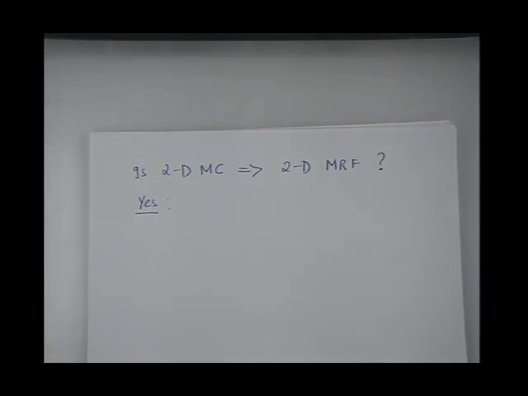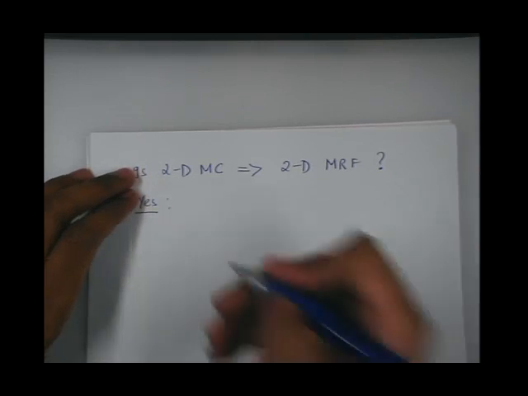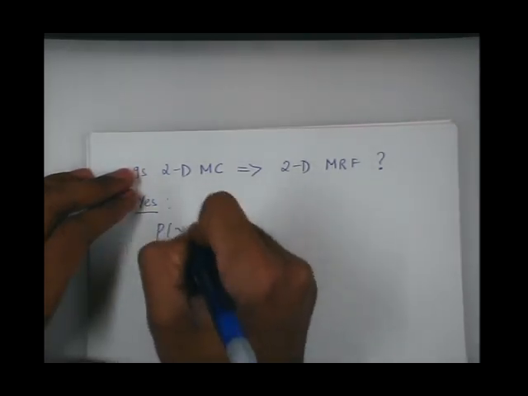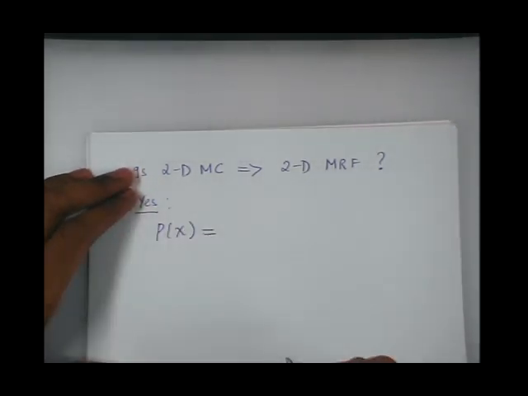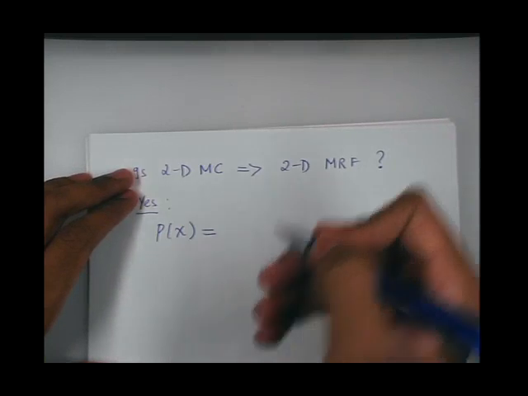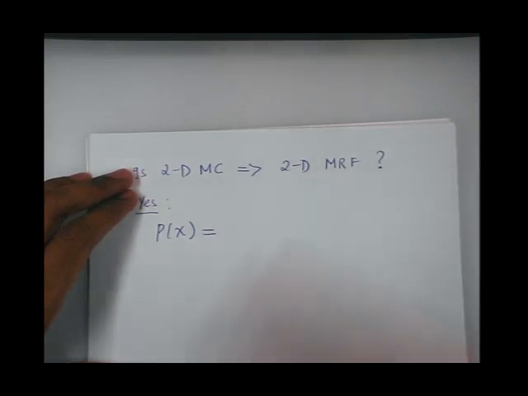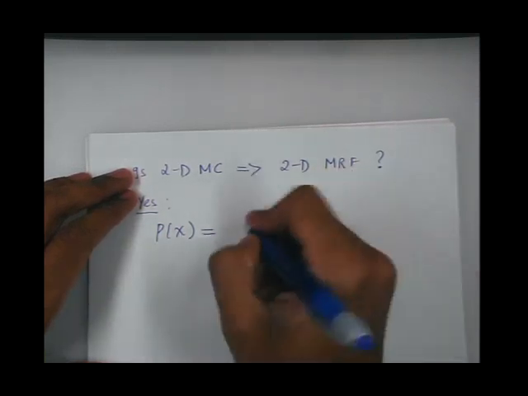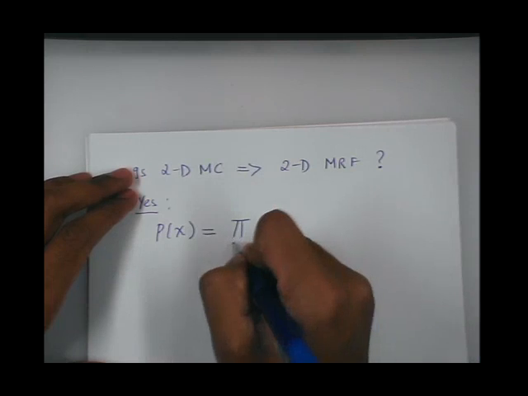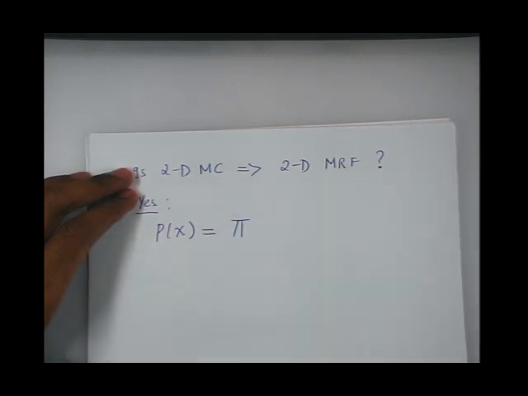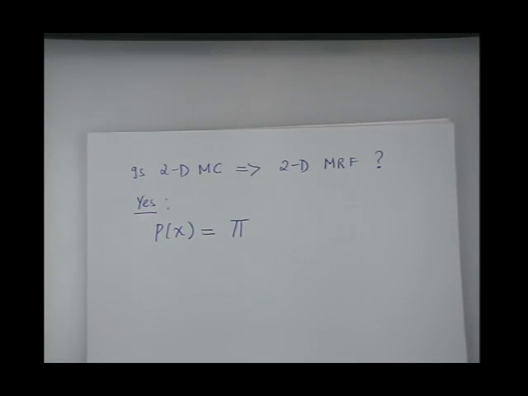In order to go through the calculation, what you really need to do is write down the mass function of the Markov chain. Remember, we have the conditional densities. So what is the probability mass function of the Markov chain given the conditional density? For a Markov chain, how can we find the probability mass function of the field?